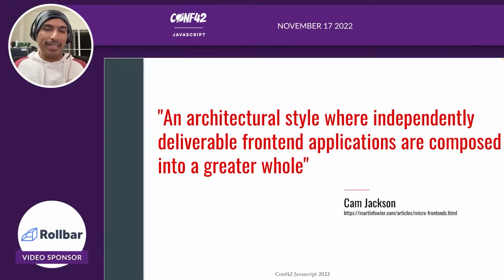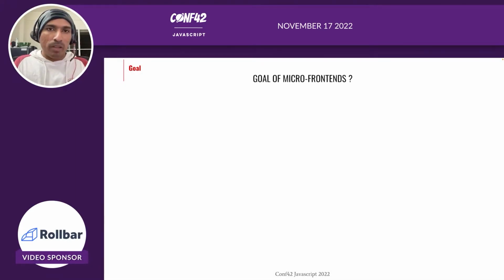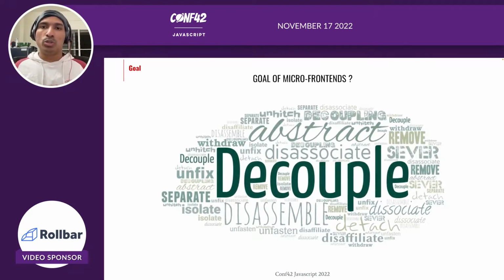A micro-frontend is an architectural style where independently deliverable front-end applications are composed into a greater whole. Simply, the goal of micro-frontend is to decouple your monolith application.